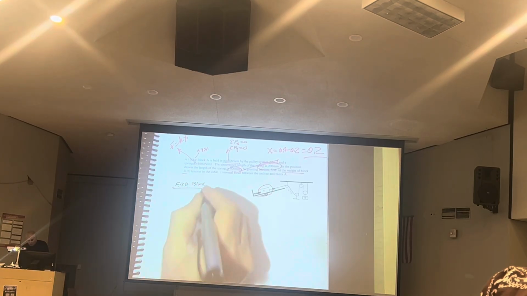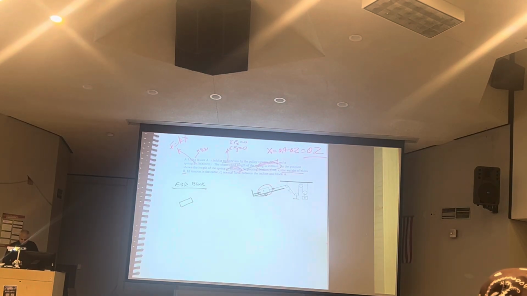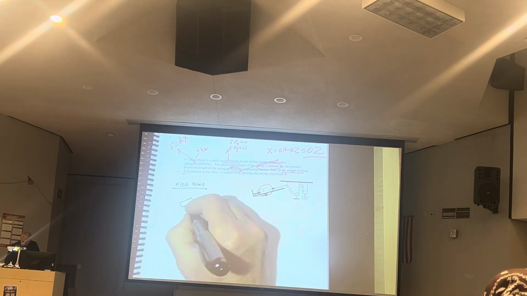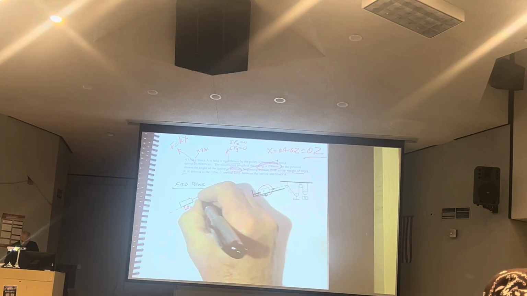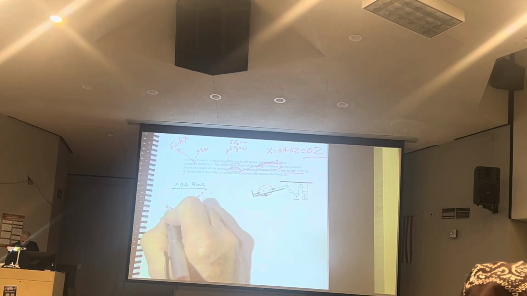Now remember, these are all particles, but I'm going to give it a kind of a shape, but I'm not putting any dimensions on it. I'm going to show a normal force, and that normal force is perpendicular to the surface. There's the surface, dashed in red. I'm going to show some sort of tension.